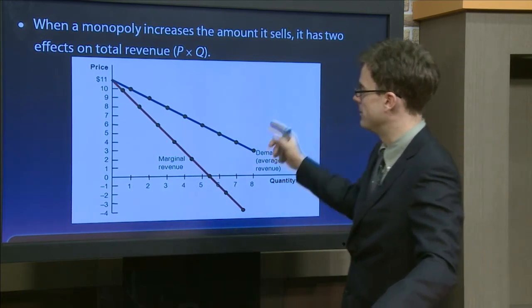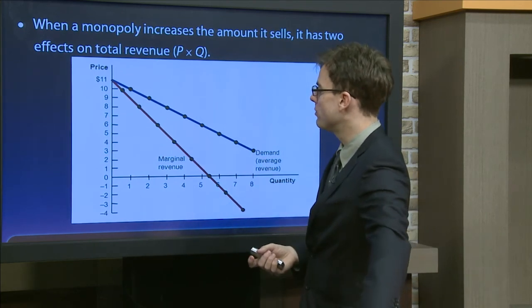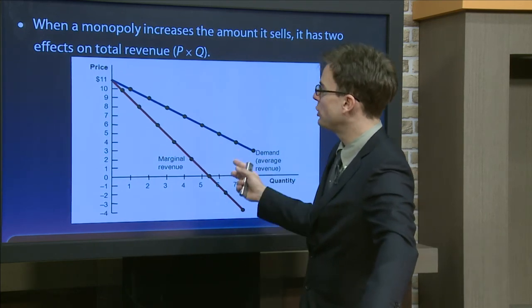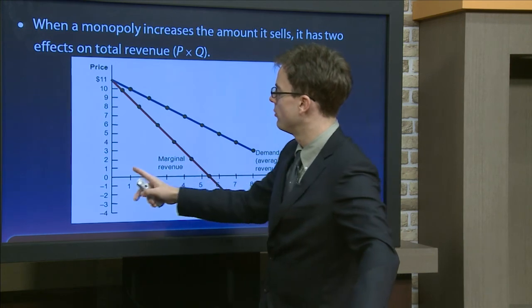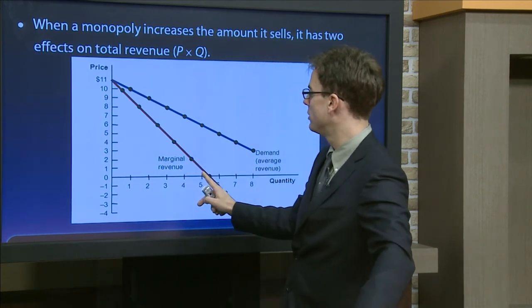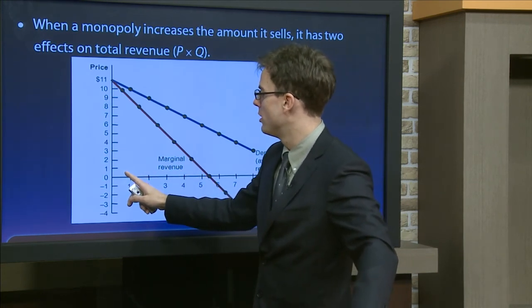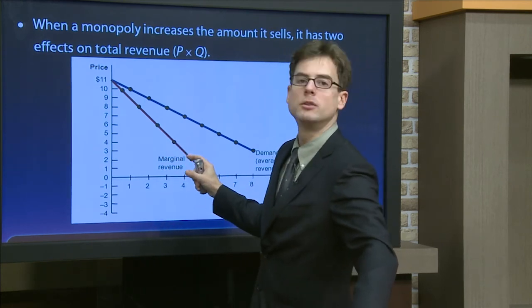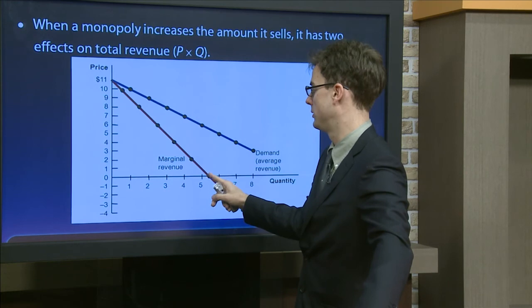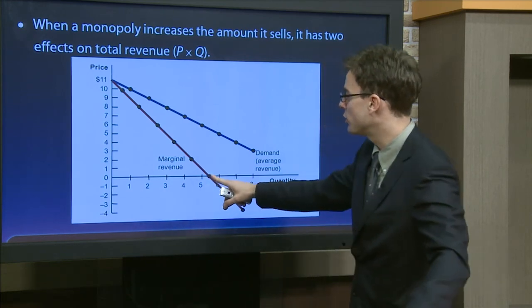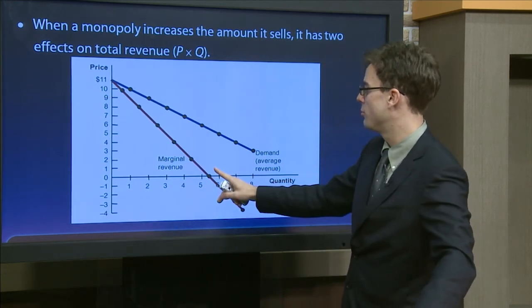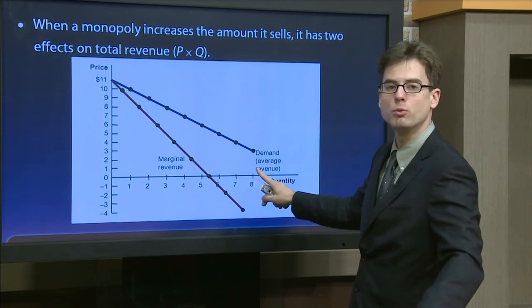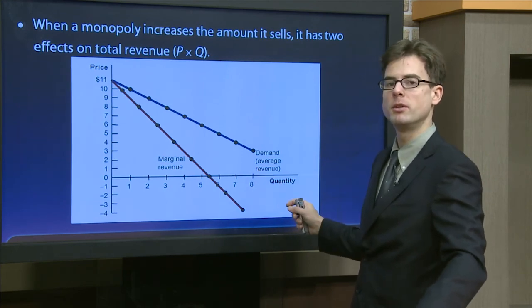And to understand this graph intuitively, this graph tells us that for all these output levels, when the company produces them, total revenues increase. But as soon as marginal revenues become negative, producing additional units of output would decrease revenues of the company.